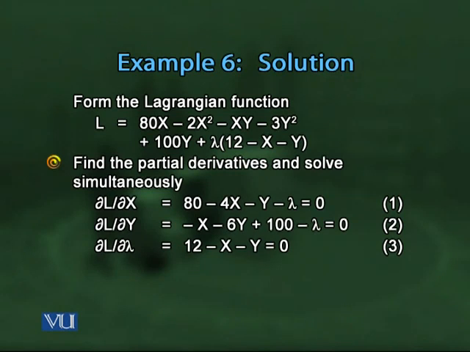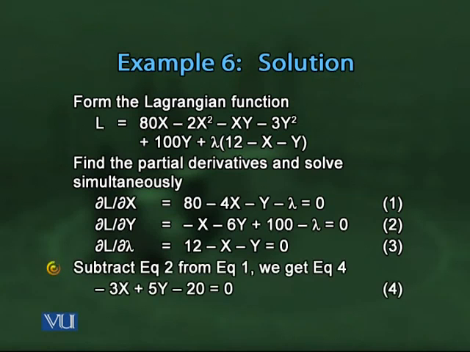From the first two equations, if we subtract the second equation from the first equation, we will eliminate lambda from the two equations. As a result, we will get an equation which is labeled as equation 4, which is in two variables. And the third equation, that is the third partial derivative, where we have differentiated the Lagrangian function with respect to lambda, is always equal to the constraint equation.